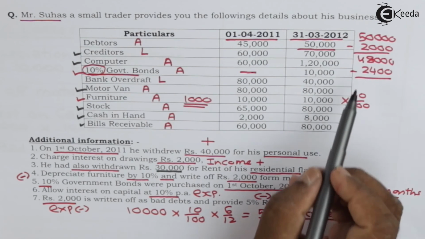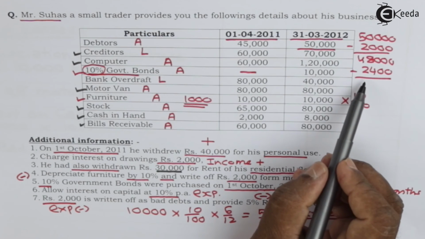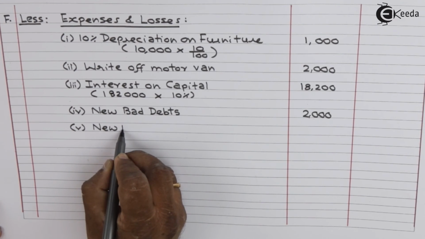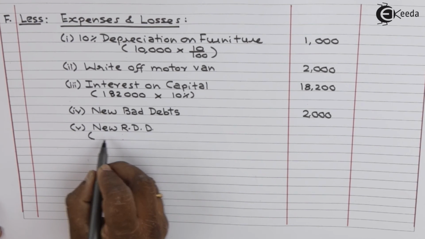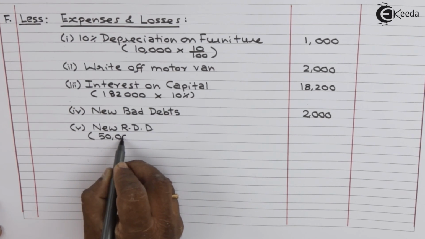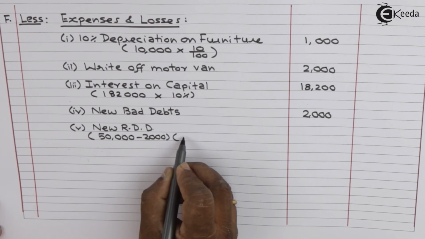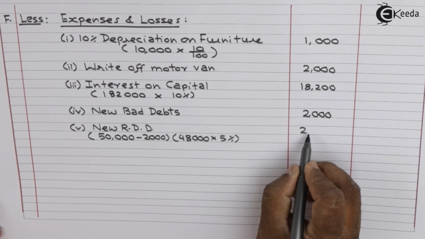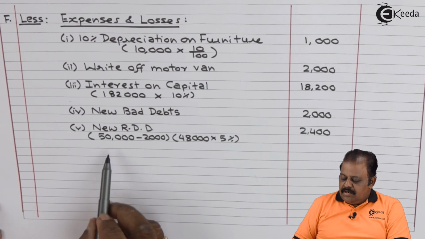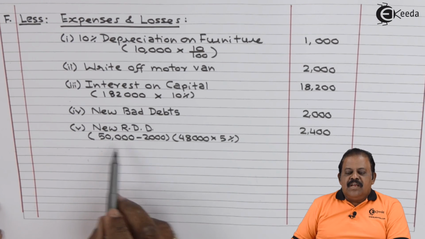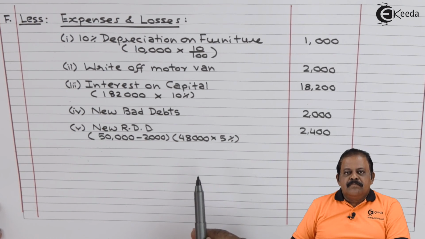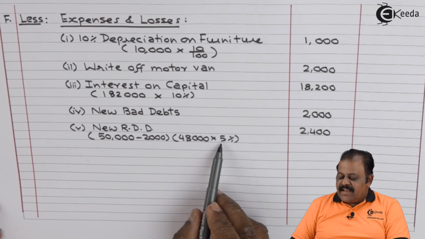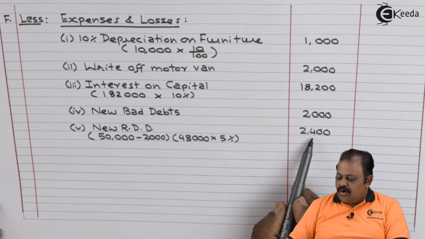New RDD 5% is calculated on this 48,000, which comes to 2,400. Debtors closing 50,000 less new bad debts 2,000. Debtors balance 48,000 on which 5% RDD is calculated. It is 2,400.